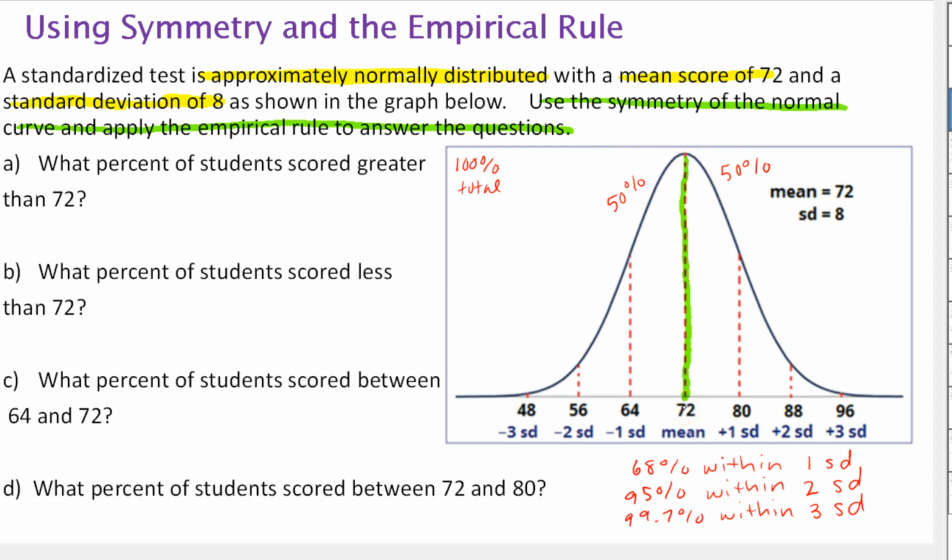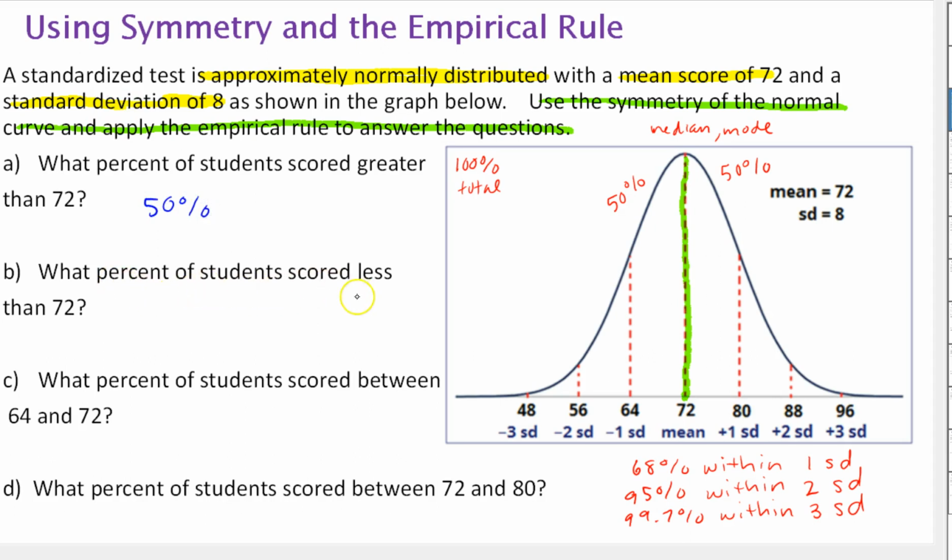So the mean is also equal to the median. It's also equal to the mode. And by definition, the median is the point where 50% of the data lie above and below. Okay, so the percent of students who scored greater than 72, well, that's half, or as a percentage, 50%.